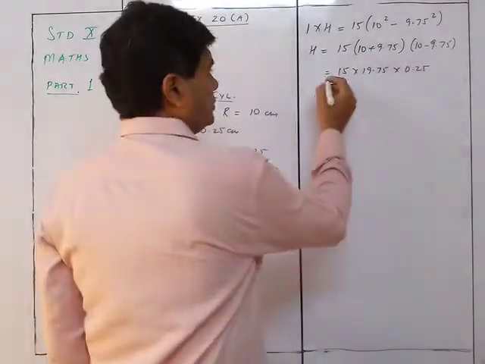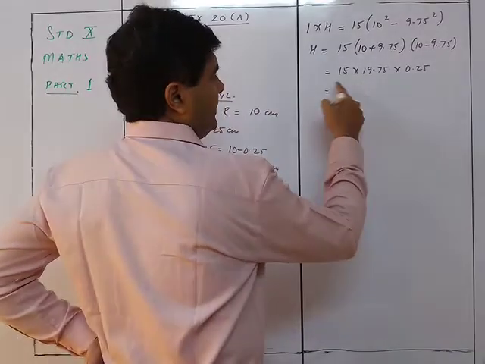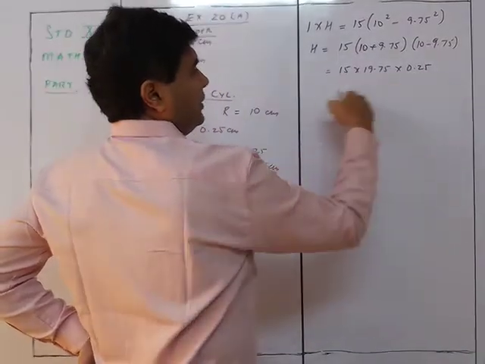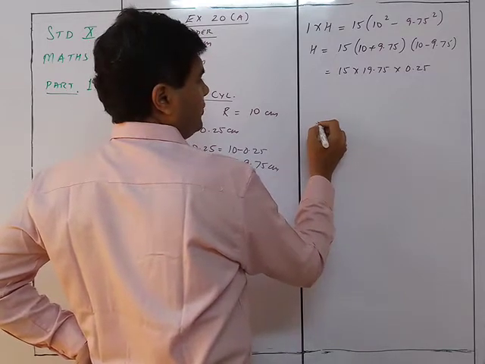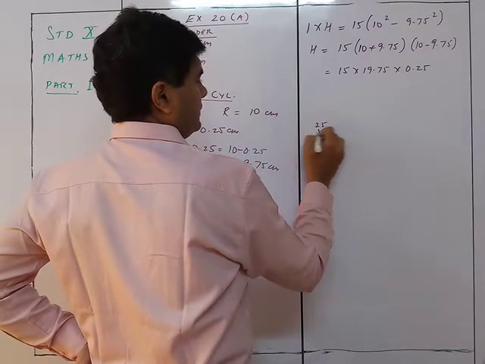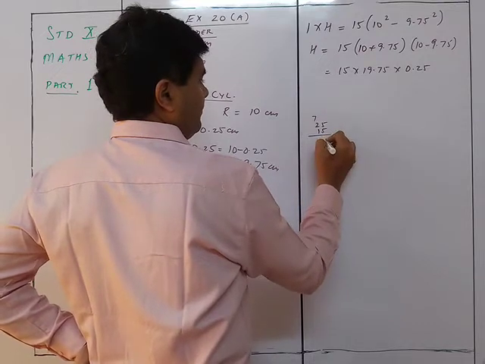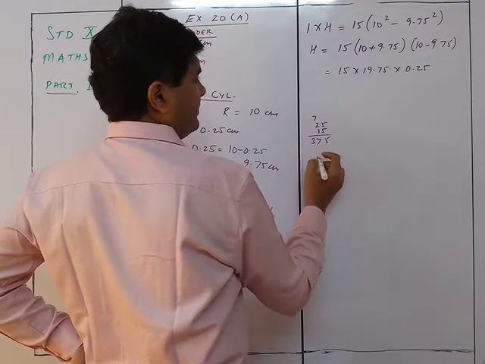Clear? So this will help me to take 15 into 25 first, so that will be 25 into 15. 15 5s are 75, 15 2s are 30, 375.